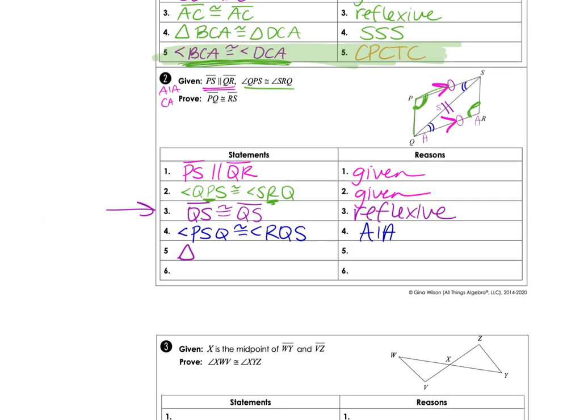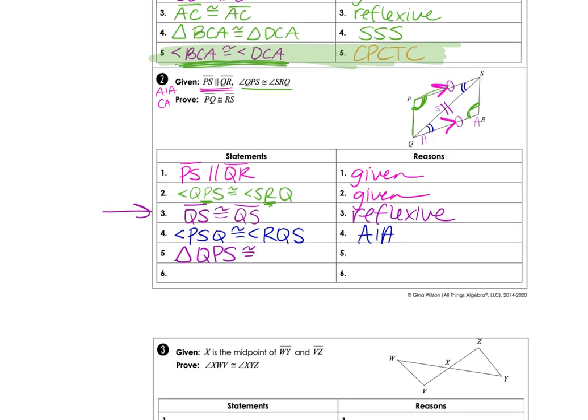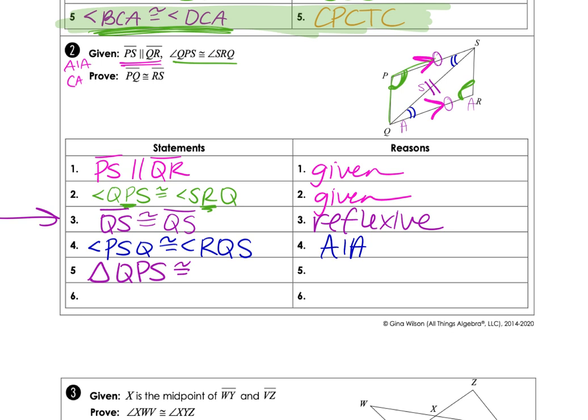And again, you've got to name the triangles the right way. So if I'm going to name it triangle QPS, if I say QPS, then what do I have to say for my other one? SRQ. Triangle SRQ. So name them in the same order, and that is by angle, side.